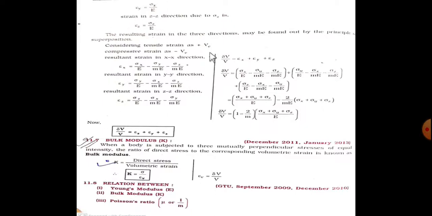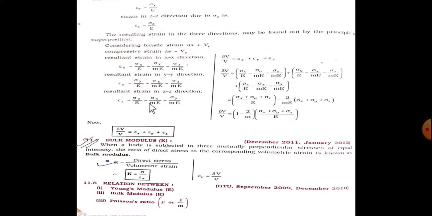So the total change in dimensions: delta V upon V is equal to strain x plus strain y plus strain z. So this is the common equation for three-dimensional forces on the body.